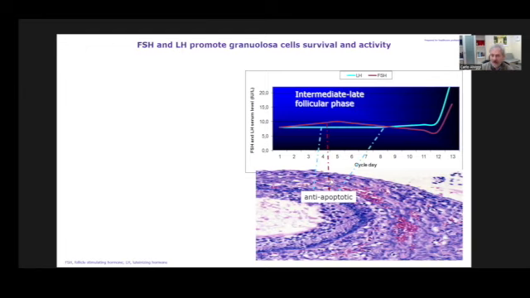But once the follicle overcomes initial growth and overcomes 10 millimeters, FSH and LH converge in the same compartment, in granulosa cells, and it has been widely demonstrated that this cooperation, and in particular LH, is very important for expressing anti-apoptotic activity.